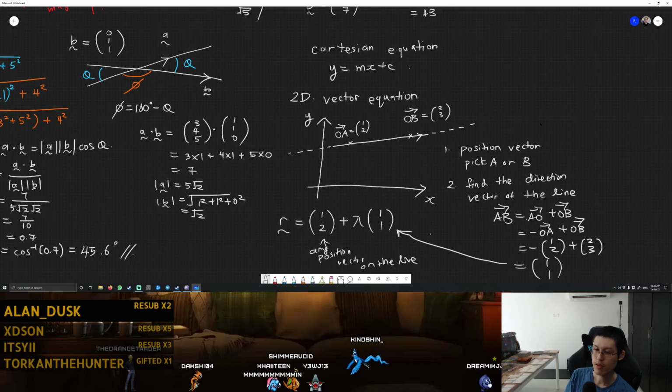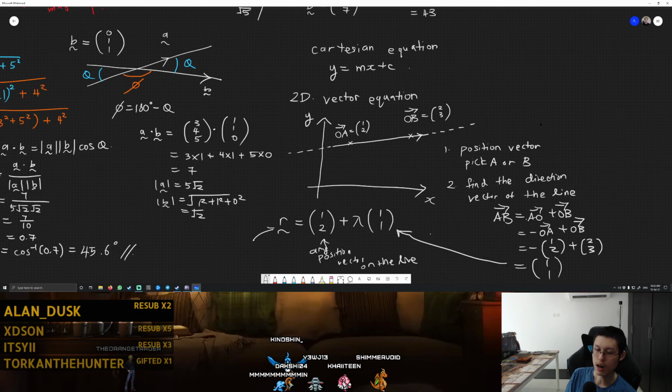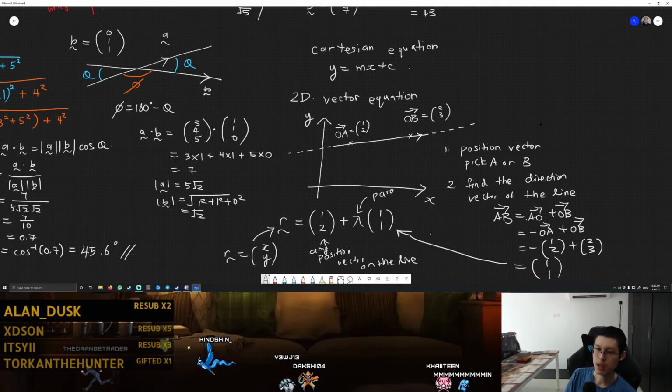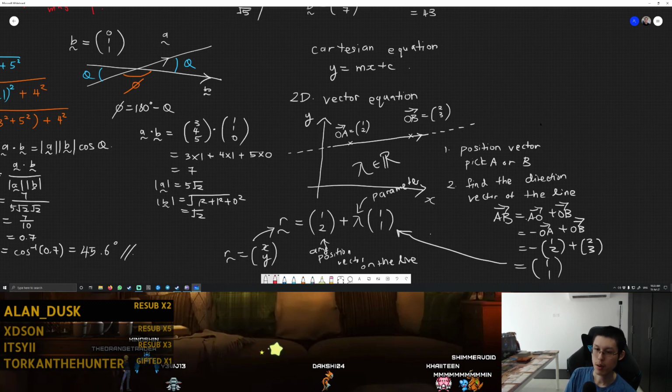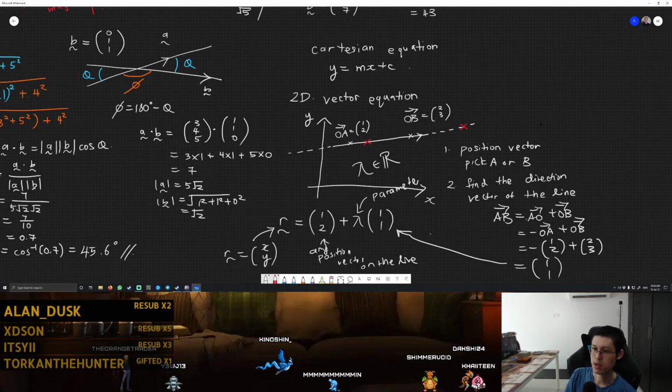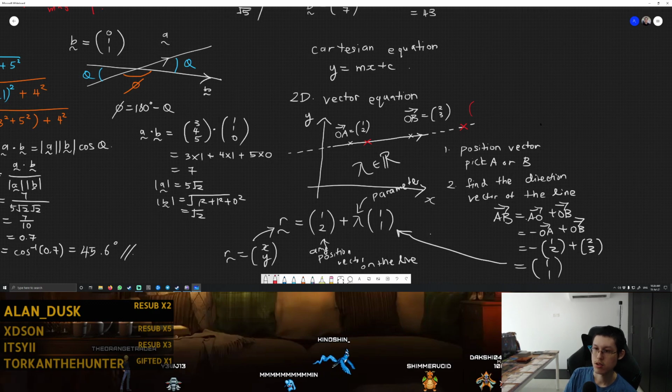This actually represents every single point on the line, and this r represents an arbitrary point on the line. Lambda here is what we refer to as a parameter, and it is any real number. For example, if I want to pick this point here, it is (3, 4).